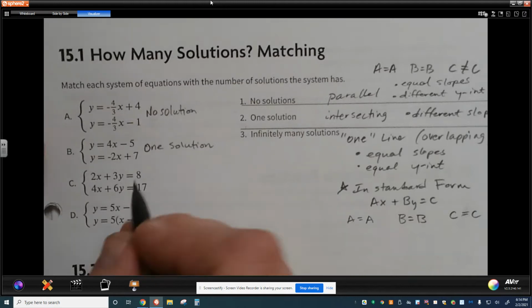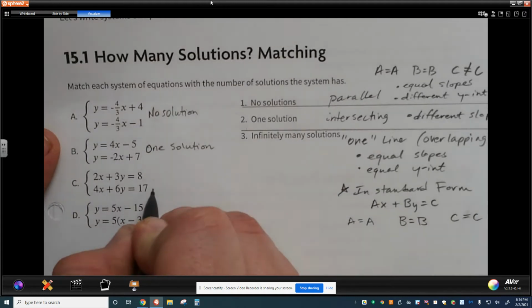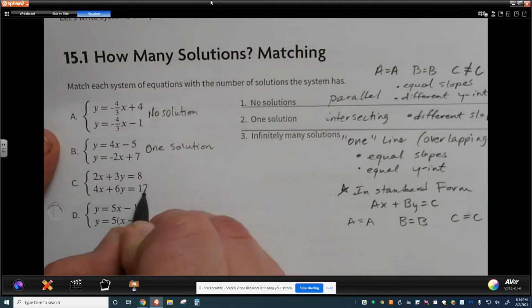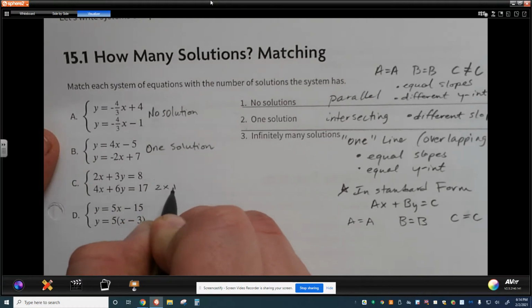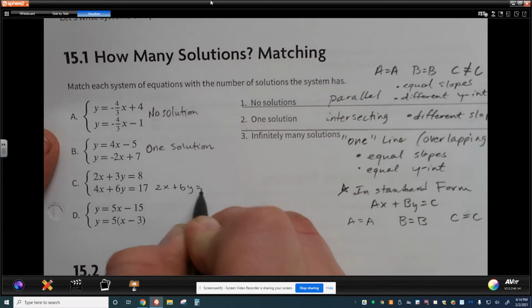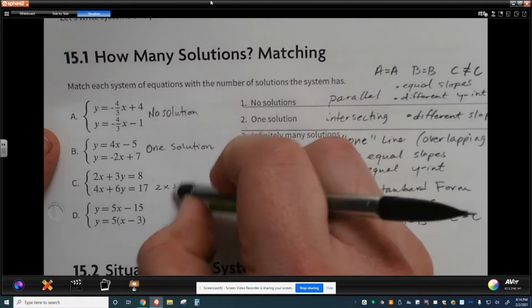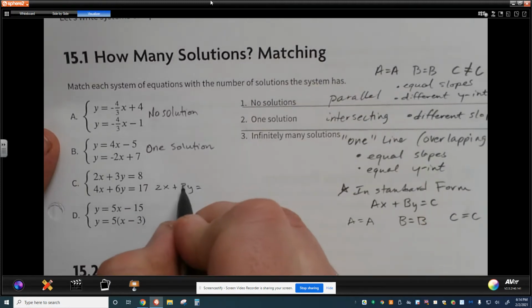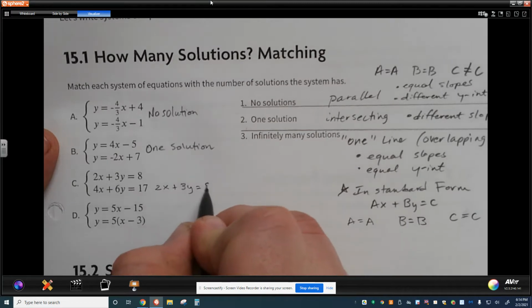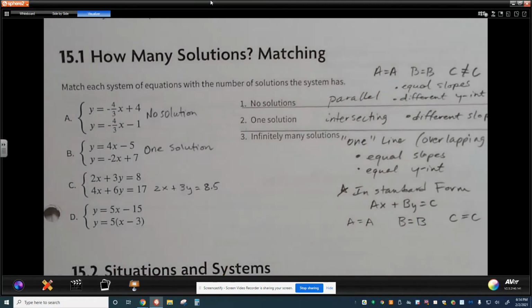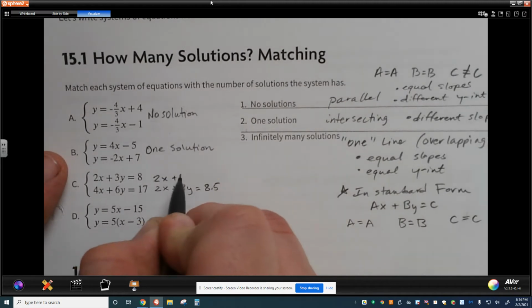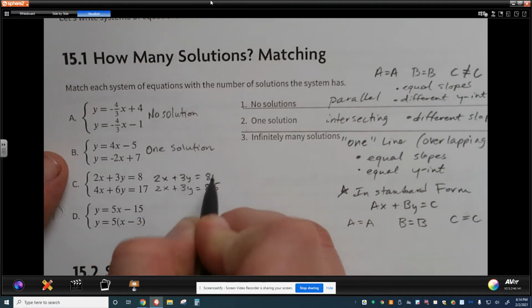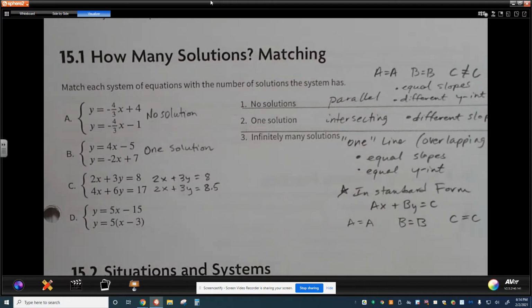And so what we can conclude from that is that this second equation, if I used a common factor of 2 and divided all the way across, I could get 2 times x plus 3 times y is equal to half of 17, which is 8 5/10. And then what I recognize with this is comparing it to the other equation is they look almost exactly the same, but not quite.